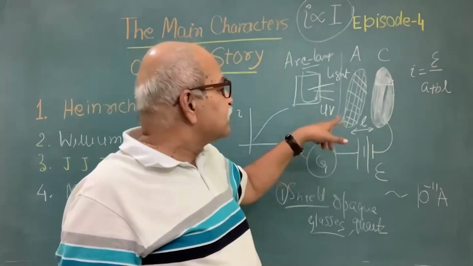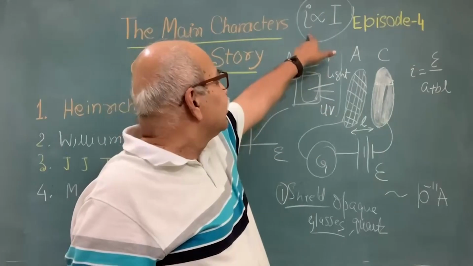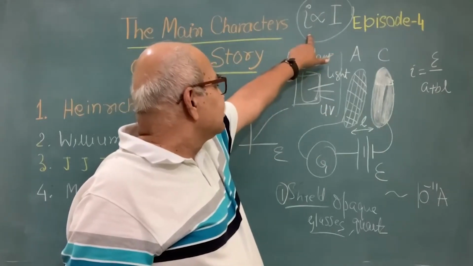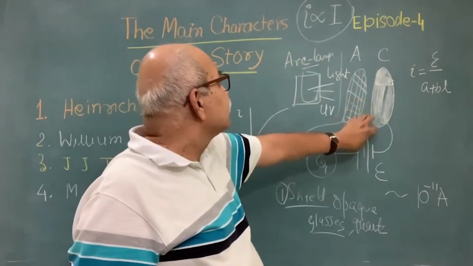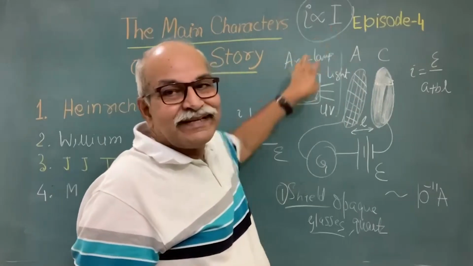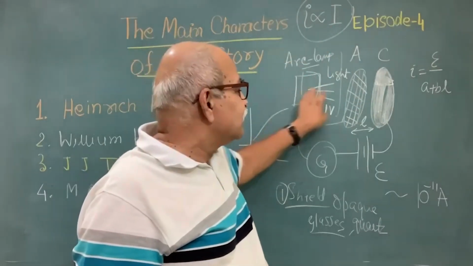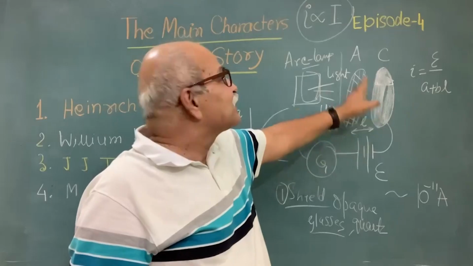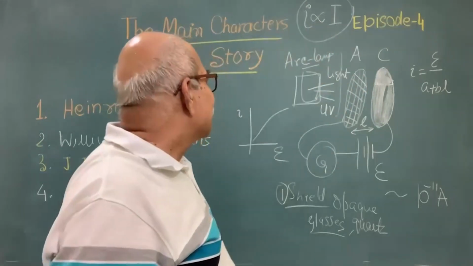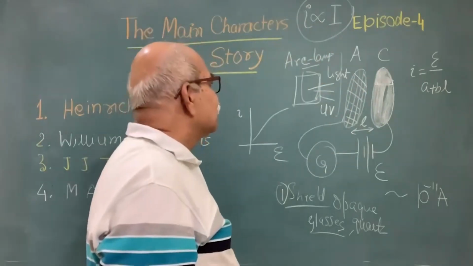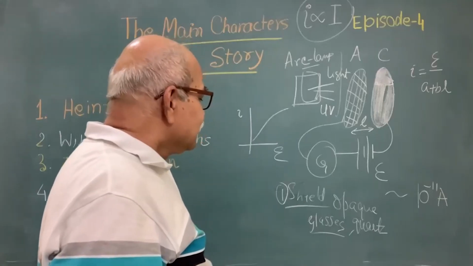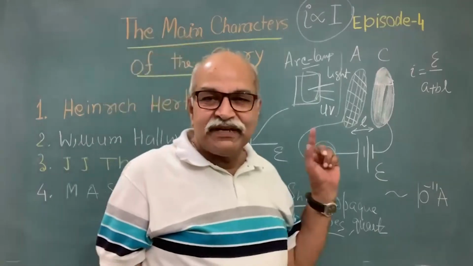So maybe he studied it more systematically and established that the photocurrent, this current here, is proportional to the intensity of the light falling on it, and this is sometimes called Stoletov's first law. Okay, now this is significant.